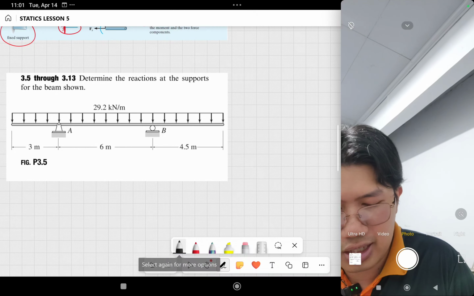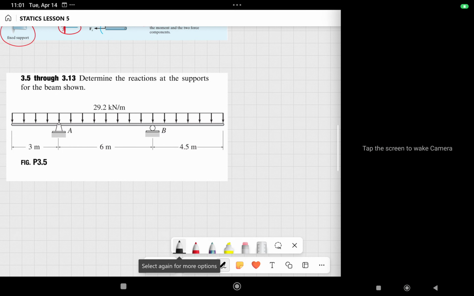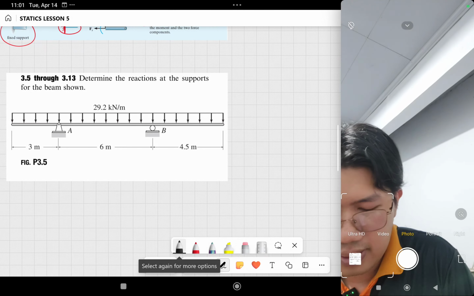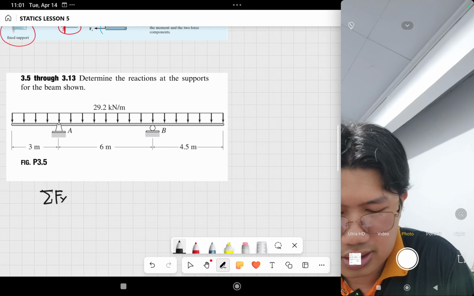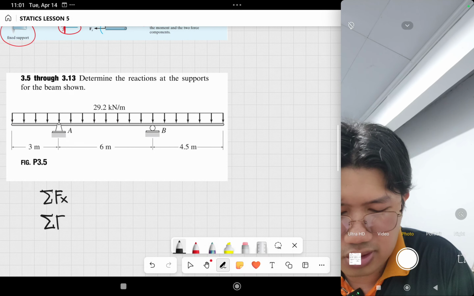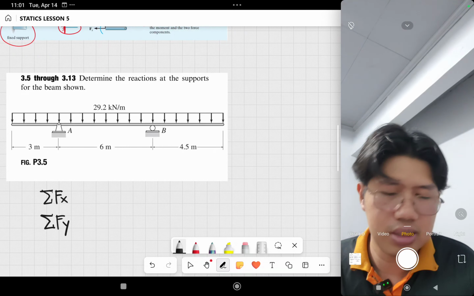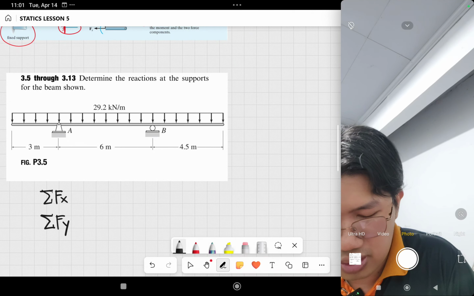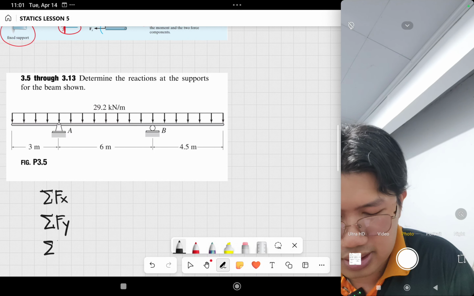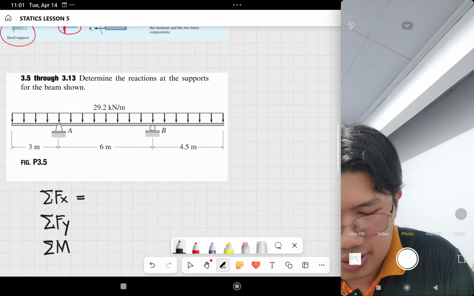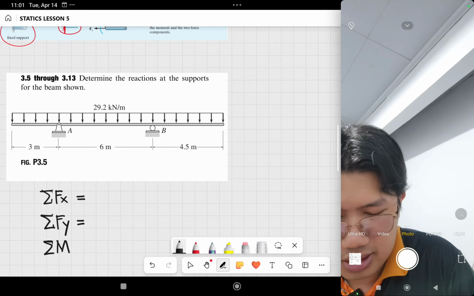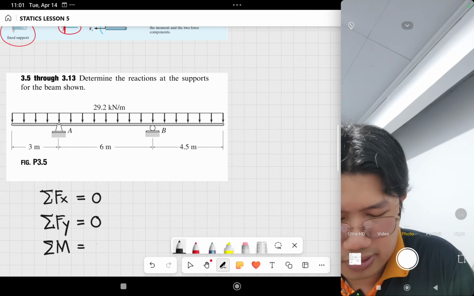So kakailanganin lang natin yung mga equations na to, yung summation forces at x, or yung Rx, summation forces at y, and summation moments. Ang pinagkaiba lang ng mga previous lessons natin, lahat ng ito is-equate natin ng 0.